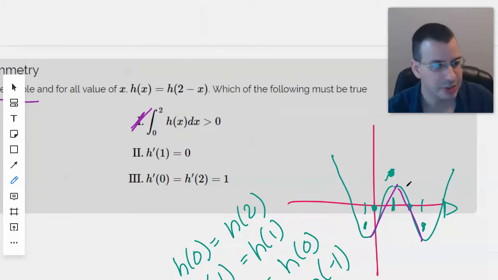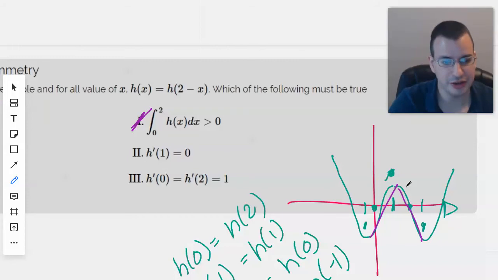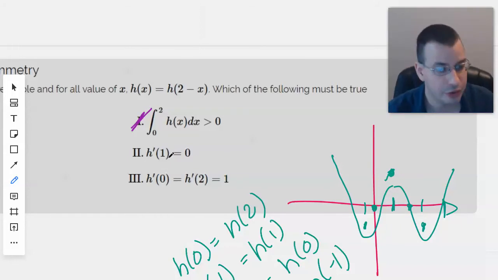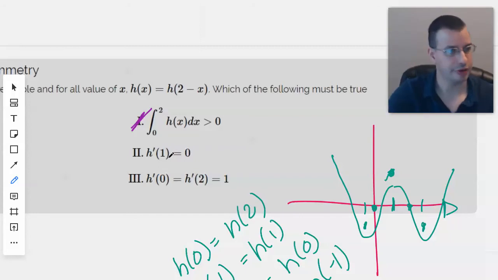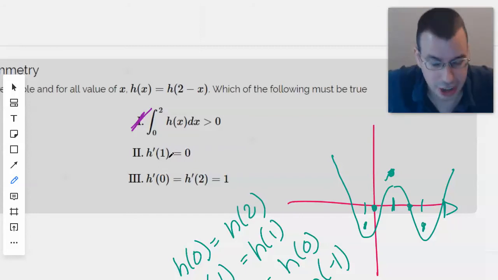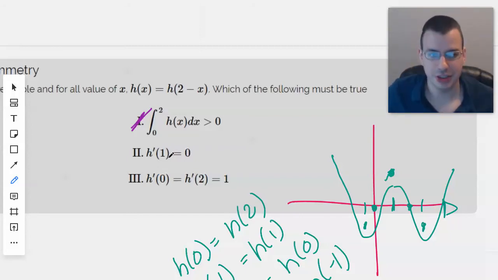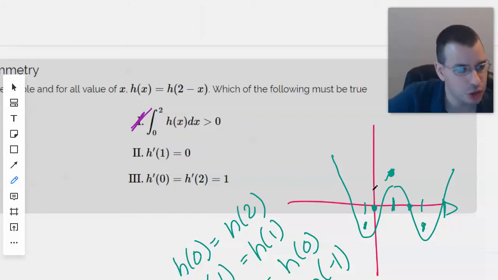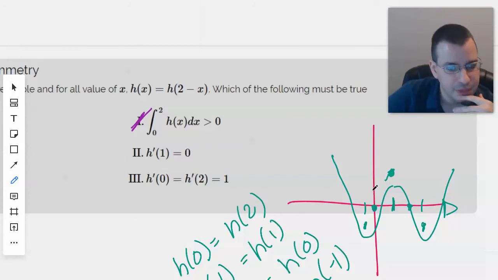So pointy means not differentiable. So the derivative of h at 1, h prime of 1, has to exist, which means it can't be pointy. So I don't think there's any way we could draw something that's symmetrical that doesn't have a flat top like that.